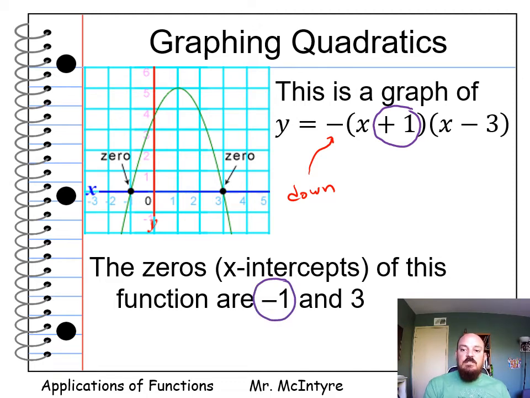The second factor is x minus 3, and the second x-intercept is positive 3. Those are the same numbers, but with the opposite sign. When our factor has a plus 1, the x-intercept is negative 1. And when our factor has a minus 3, the x-intercept is positive 3. And that's going to be our rule for graphing.